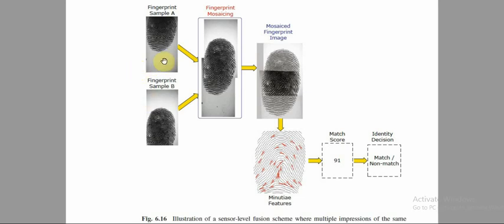We have two samples A and B, and then we combine and fuse them together, and by some image processing techniques we can find the overlap point of these two fingerprints and construct a whole fingerprint, then extract some minutia features from this whole image and give it to the next part of the system.